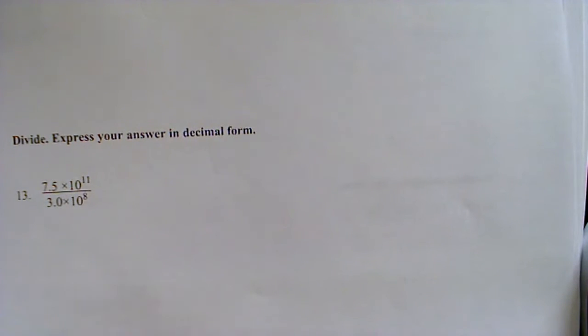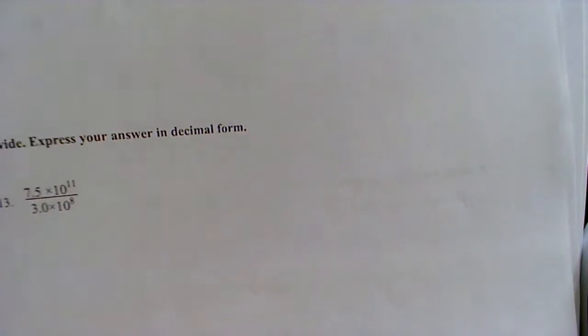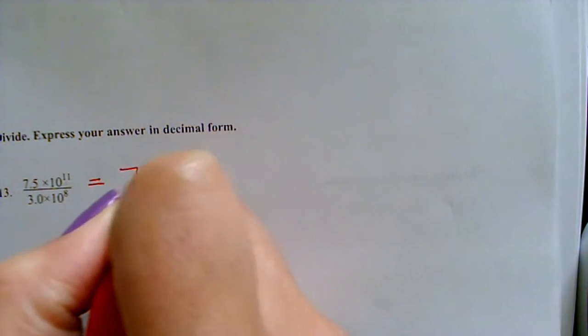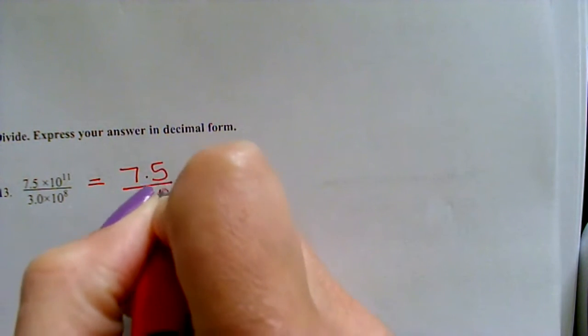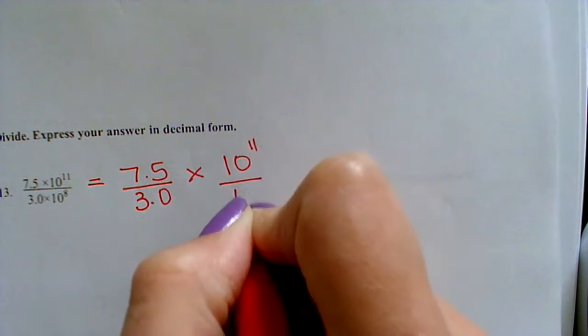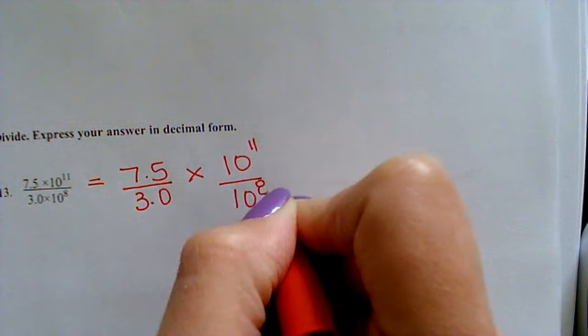Now this one says divide, and they want us to express our answer in decimal form. Okay. So first, we could divide this here. We have 7.5 over 3 and 10 to the 11th power over 10 to the 8th power. When I do this in the calculator, I get 2.5.